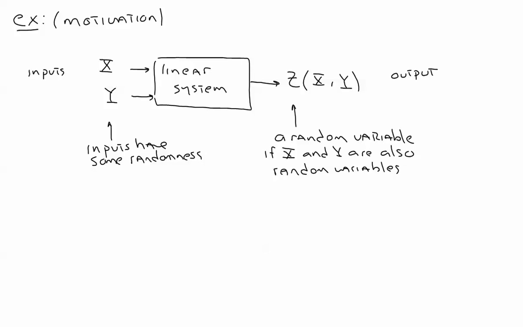Alright, so to fully understand the behavior of my output random variable z, I need to know some information about random variables x and y.